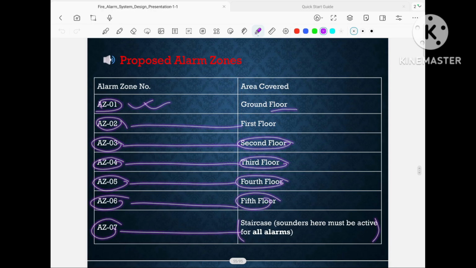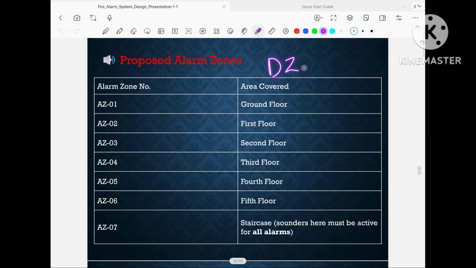Okay, as I told you in the detection zone, the staircase is open to sky, so there are no fire alarm detection points, so there is no detection zone for that staircase. But though there are no detection points in the fire alarm system for the staircase, we should contain an alarm zone as it is an escape route. Hope you are very clear with this.